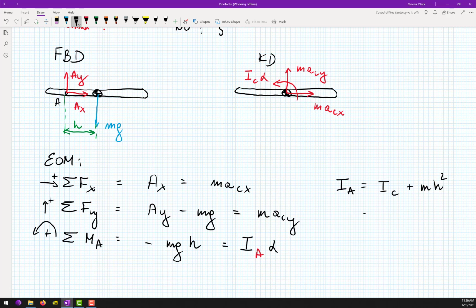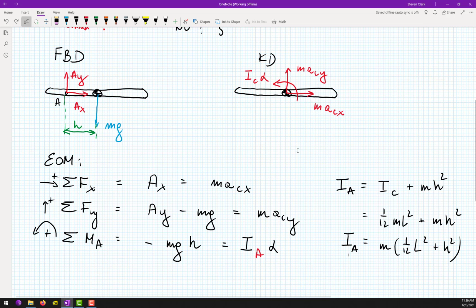So that will be 1/12 ml squared plus mh squared. So that will be basically m times 1/12 l squared plus h squared. Okay, and now let's plug this thing in here. And I also think that we don't need these two first equations, yes? To solve for alpha. Yeah, they ask us to find the maximum alpha, so we can actually ignore these first two expressions.